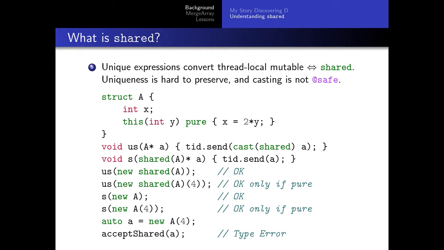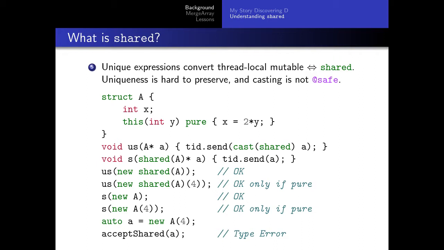So if you take the unshared function and you pass it a unique shared A, then that'll work because the compiler will know it's unique. But if you actually try to call the constructor, then the compiler is only going to allow that to work if it's a pure constructor. Even if internally it's pure code, it requires the annotation or inference.